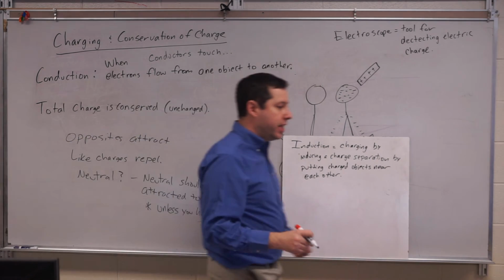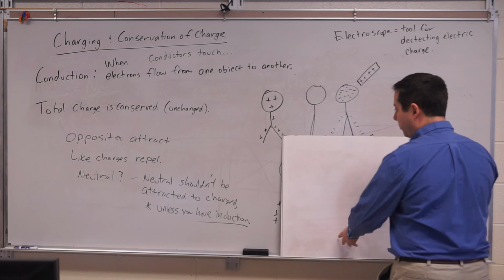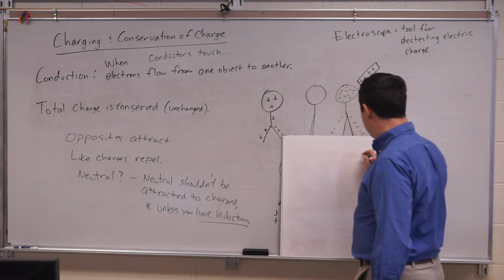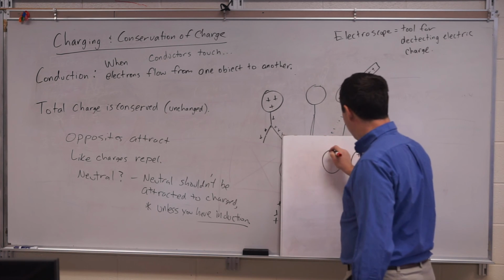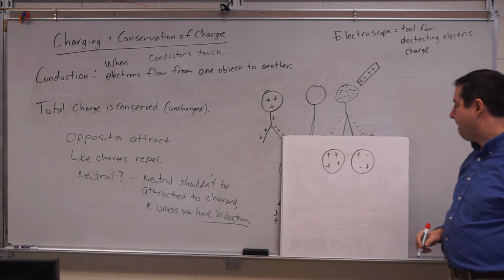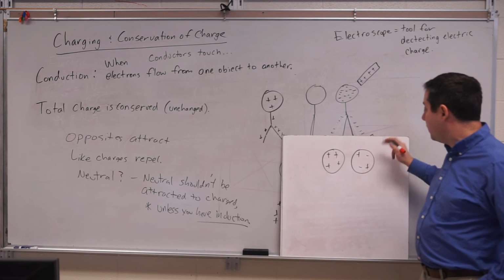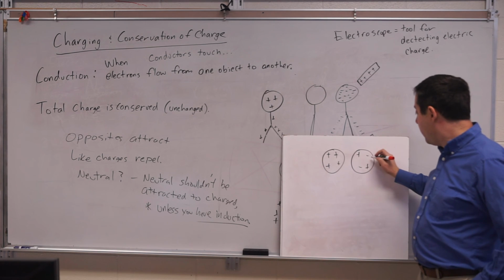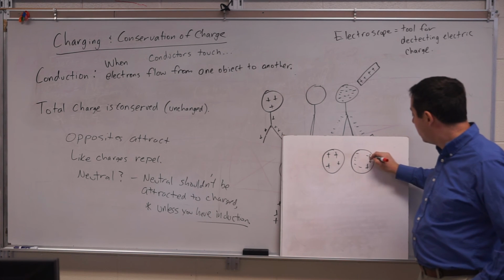And so imagine this. Let's say we have our neutral object, plus minus, and we have a positive object here. Well, in this object, when they become close, if these are conducting, then you end up with a bunch of electrons over on the left side, which leaves gaps.